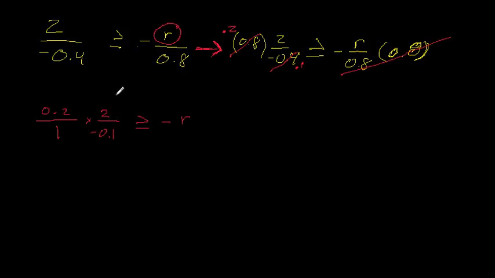Okay, from this point, with multiplication, all you do is multiply the numerator straight through and the denominator straight through. So multiply numerators, and then multiply denominators.